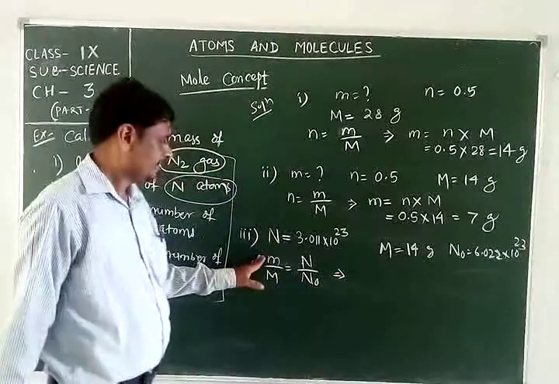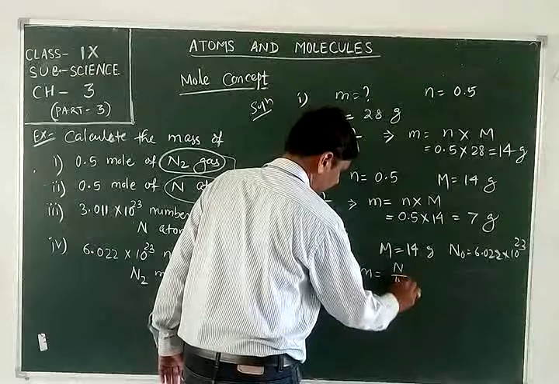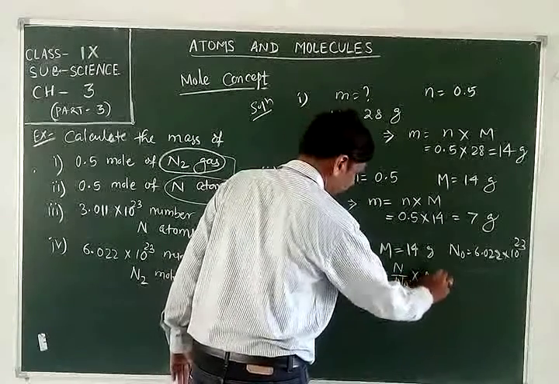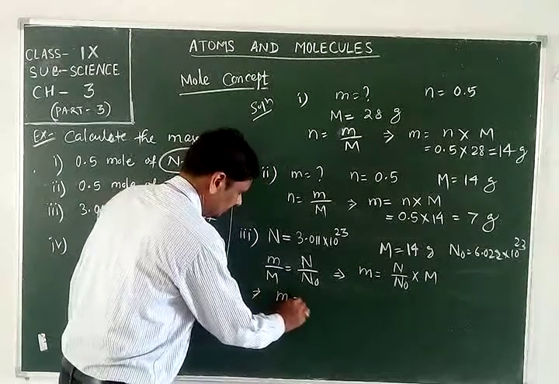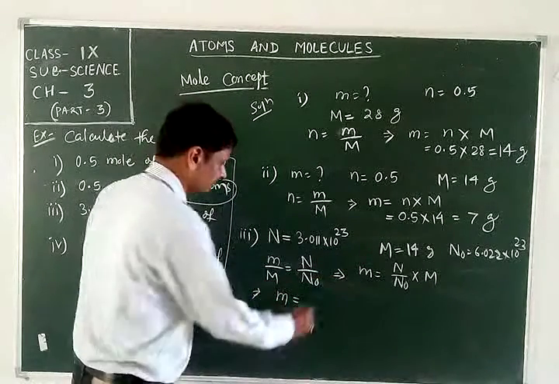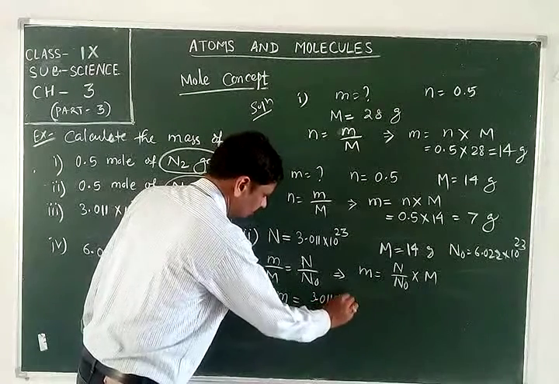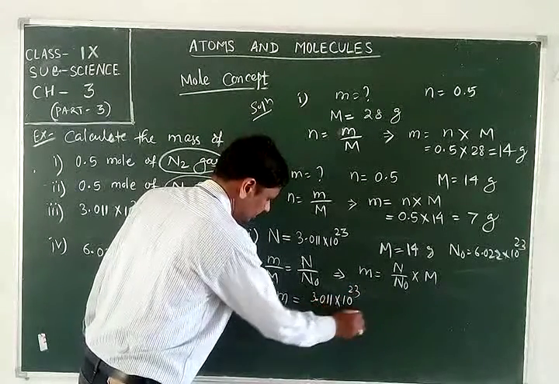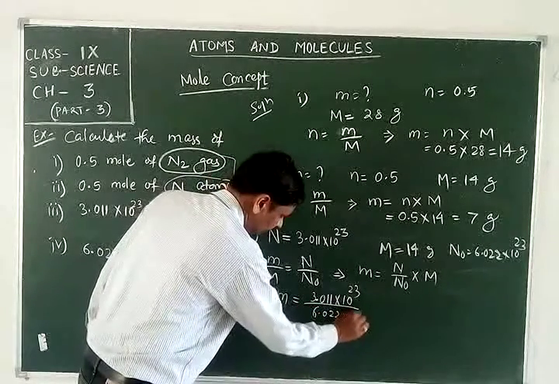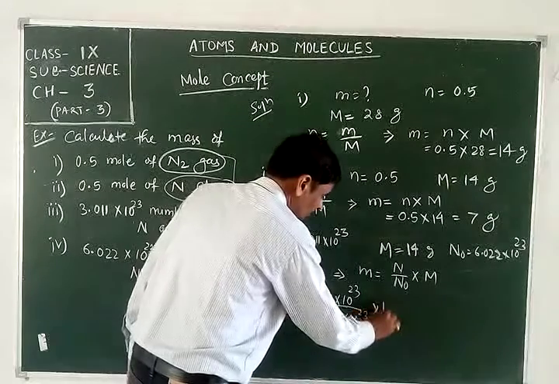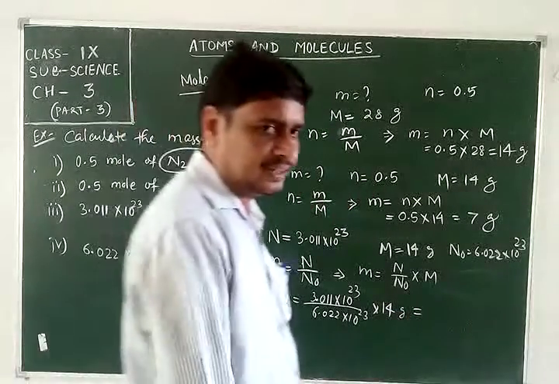This implies mass will be N by N A into M. So mass will be 3.011 into 10 to the power 23 by 6.022 into 10 to the power 23 into 14 gram. This is equal to 7 gram.